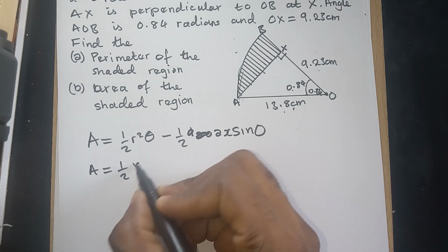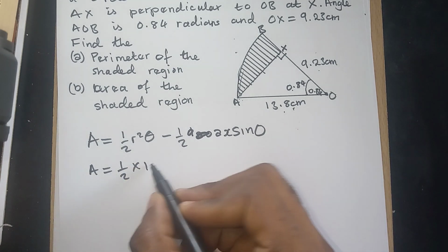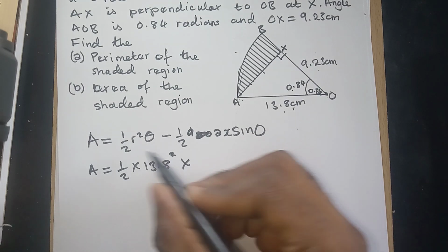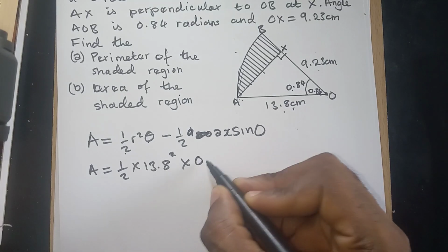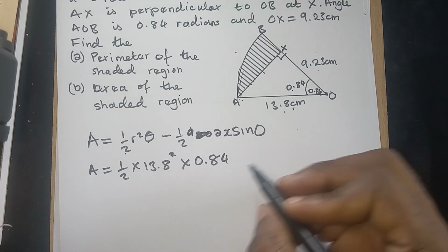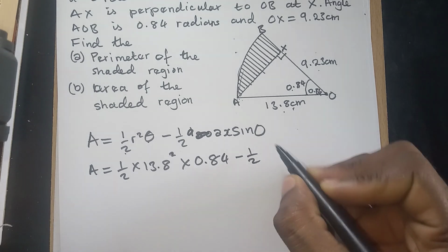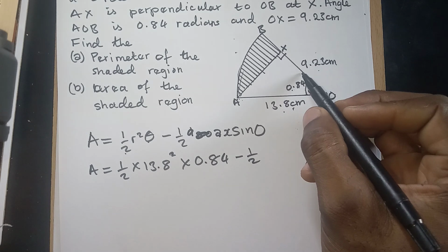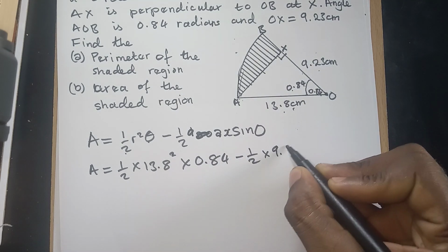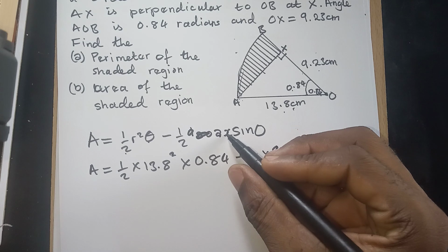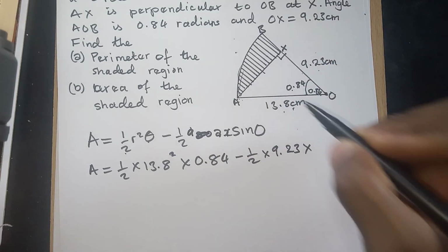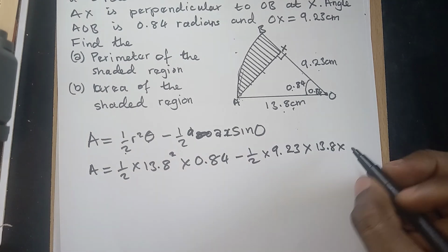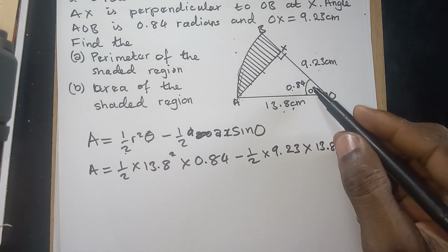We have half multiplied by our radius, 13.8 squared, multiplied by our theta, which is 0.84, then minus half our a. a is the side opposite to A, so this will be 9.23 multiplied by our small letter x, which is the side opposite to capital letter X. This will be 13.8 multiplied by sine the included angle.